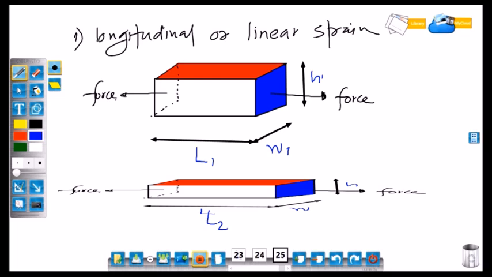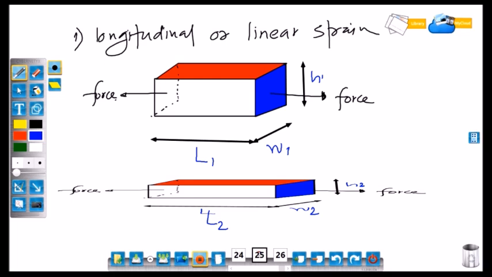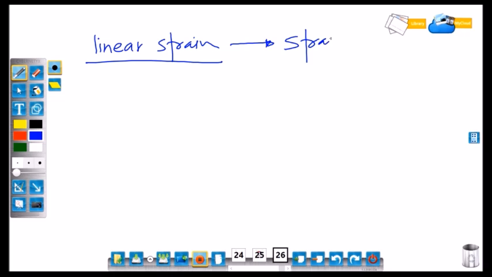L2, W2 and H2 are the dimensions of the final deformed body. So linear strain is strain along the direction of applied force.